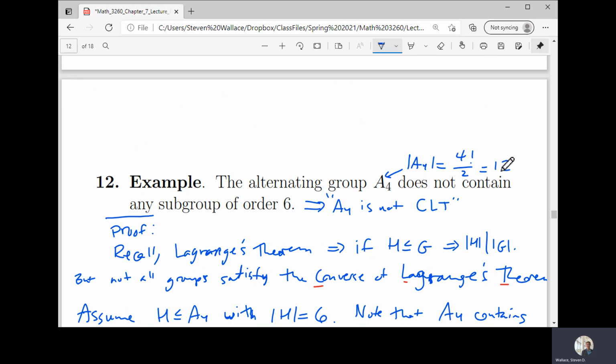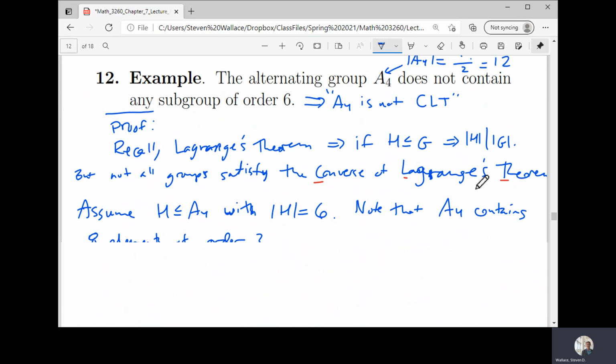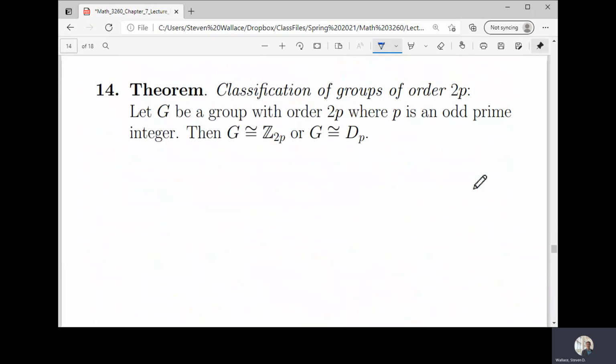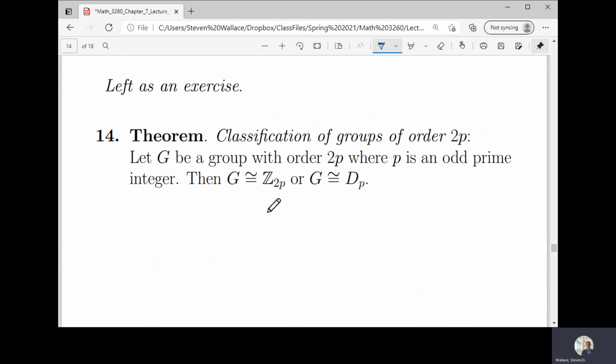That's not of order 2p. That's 2 times 2 times 3. So that wouldn't be in this form, but it's still an interesting application of cosets that we can do.